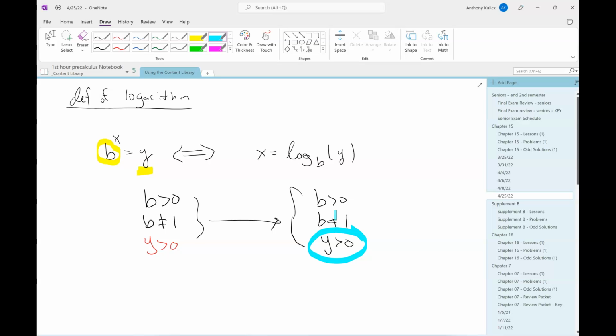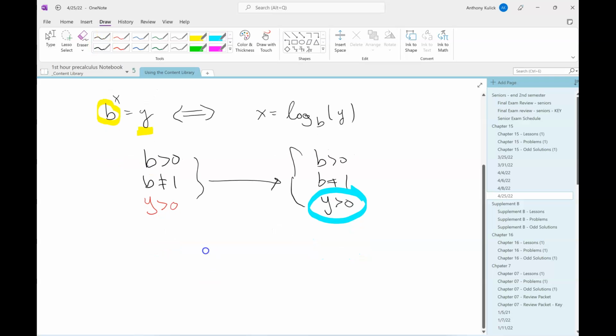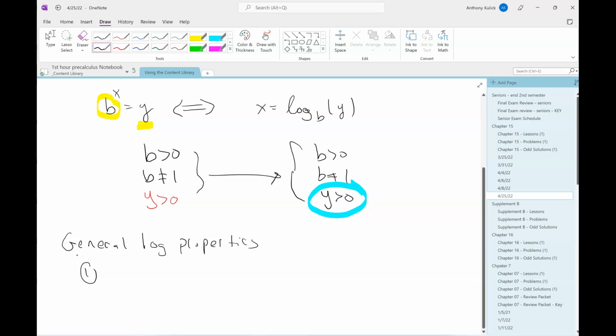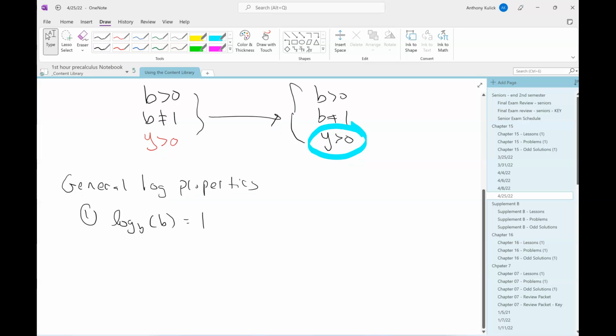Everybody's okay? Is this just trying to recap some of these things? So we had some general properties of logarithms that we talked about. Log base b of b, well, that's just 1. Log base b of 1 is 0.